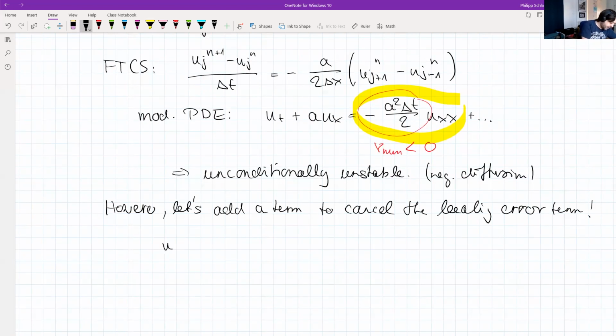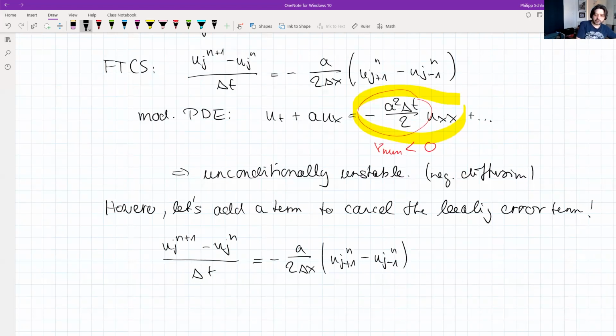Let me first start with writing up what we already have, which is this one, minus a times 2 delta x, and then we had u_j+1^n minus u_j-1^n. So this is what we already have, but now we need to add something that addresses this yellow term.